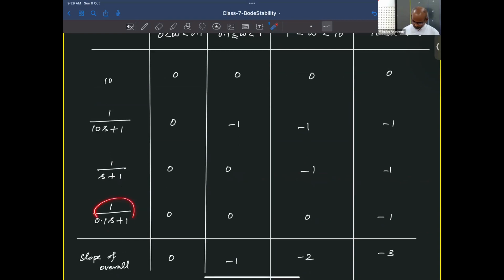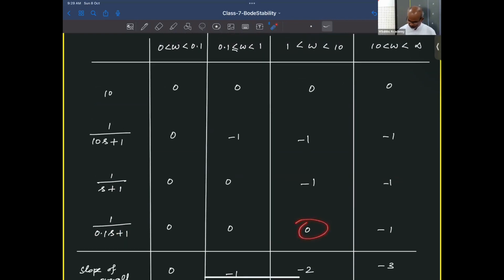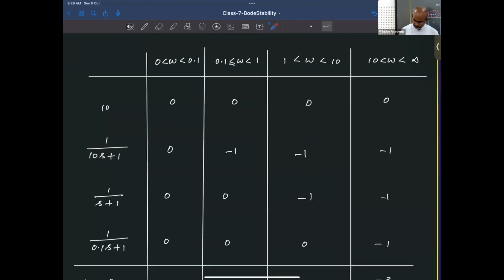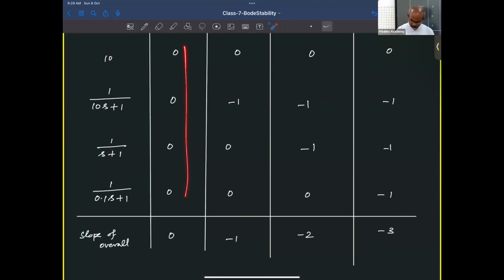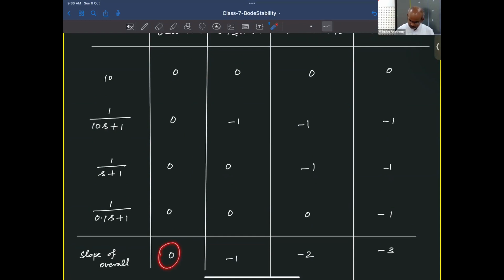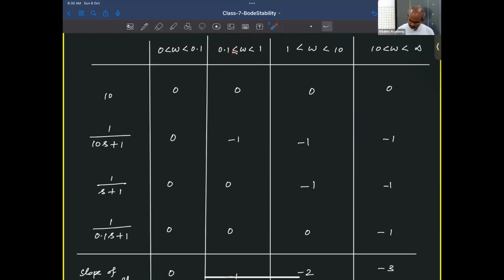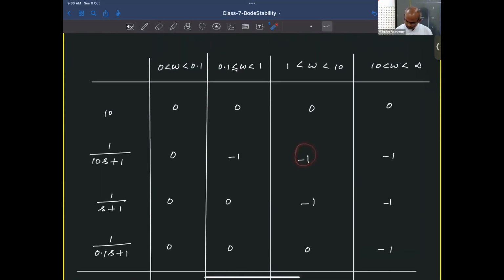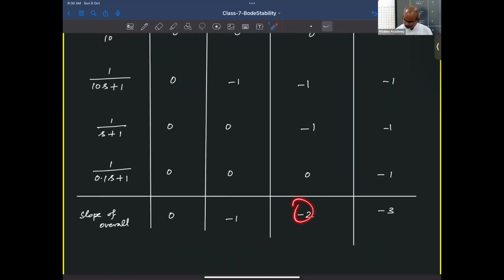And till 10 the slope is 0, after that -1. Now for every range you can simply add the slopes. So for this range of omega the slope is totally 0, and in this range we add -1 and -1, giving -2.